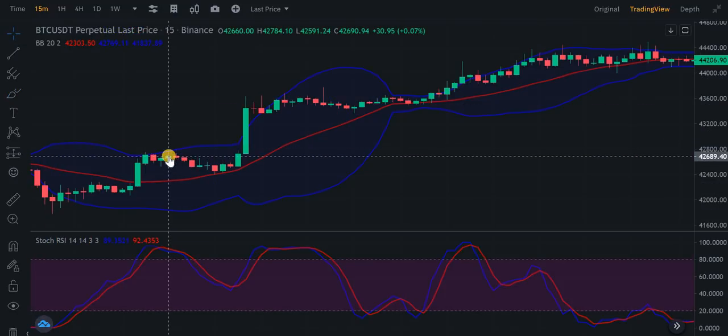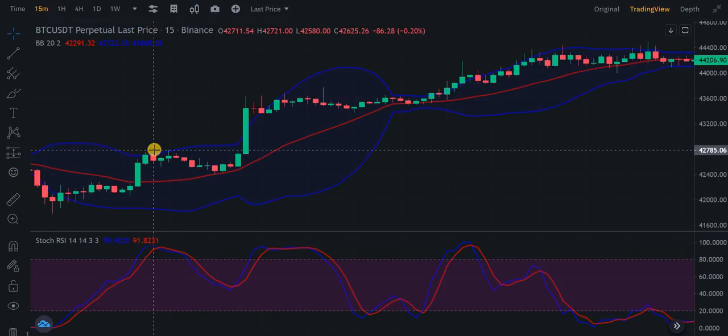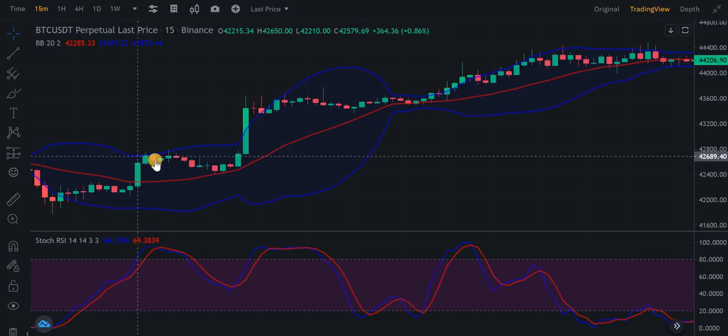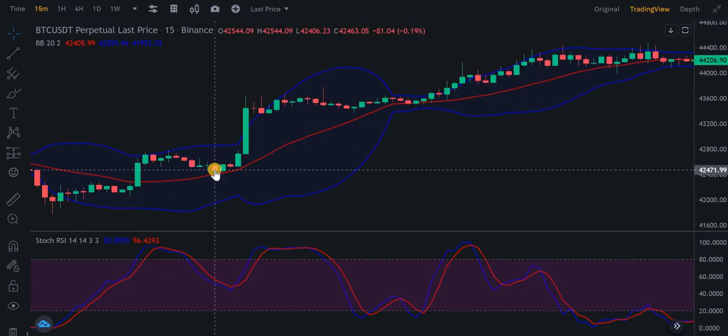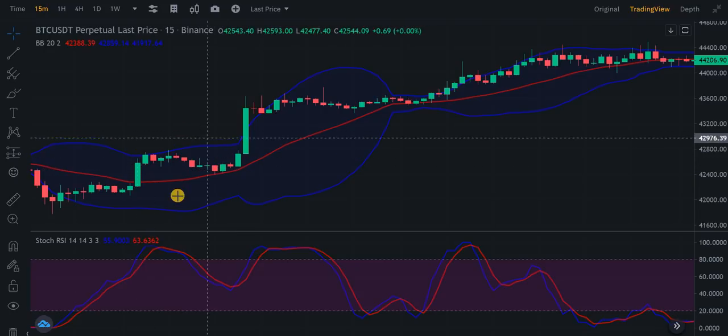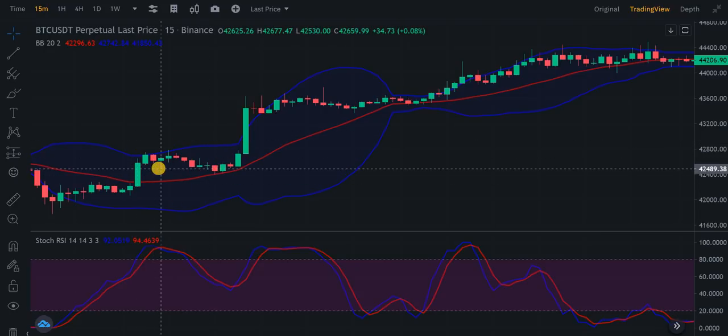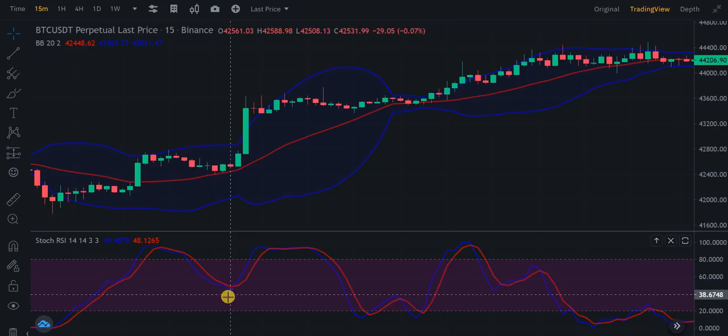Right here is an example of an uptrend using this Bollinger Band. You can see that the price is trading between the upper band and the moving average. Now let me show you exactly how I enter a trade using the Bollinger Band and the Stochastic RSI. Once you've confirmed the uptrend on the Bollinger Band, the next step is to wait for a Stochastic RSI cross to the upward direction.